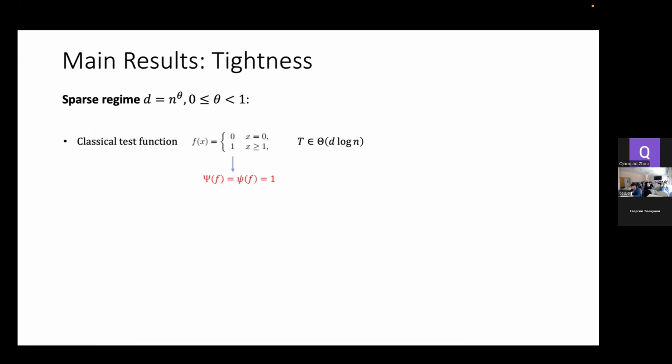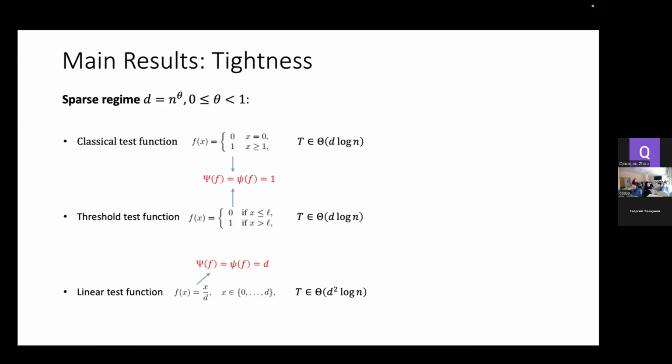We can recover the classical result because in the upper and lower bound, we can identify that big F and little f both equal 1. Therefore, they are tight. Another is the threshold testing functions. We also prove that the upper bound and lower bound on the number of tests are tight.